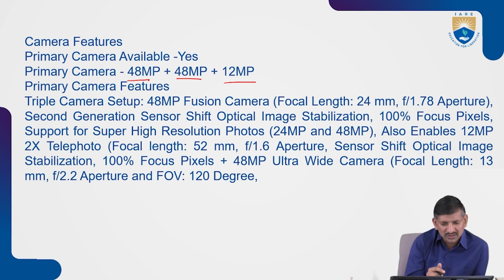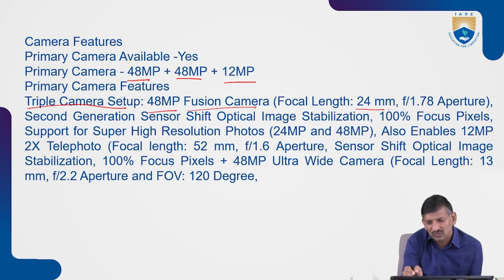Coming to the other features of the primary camera, it contains a triple camera setup, 48 megapixel Fusion camera. Focal length is 24 millimeter with 1.78 aperture. Second generation sensor-shift optical image stabilization, 100% focus pixels.